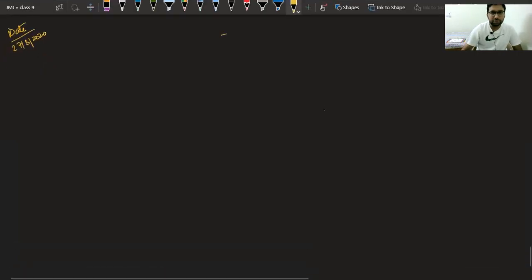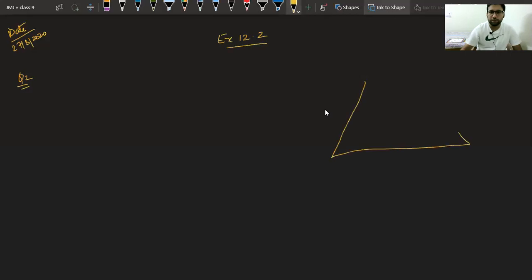So exercise 12.2, question number 2. Find the area of quadrilateral ABCD in which AB is equal to 3, BC equal to 4, CD equal to 4. Beta Kamaljot, nothing is there in this question. It is simple. You have all the sides. You have one diagonal.